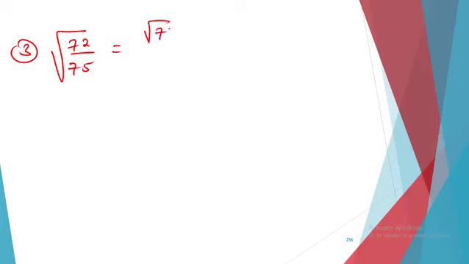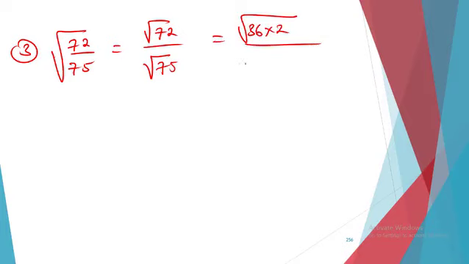Okay, if we are given a problem like, let's say this is number 3, root 72 over root 75. I told us earlier that this is equal to root 72 all over root 75, and 72 is 36 times 2. We've done that before. And 75 is root 25 times 3.